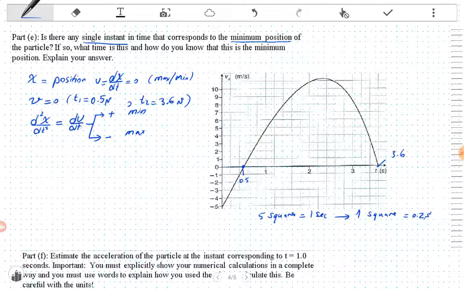How can you find the first derivative of the velocity? By drawing the slope here and there. The slope here is positive, the slope here is negative. So at t1 it is the x minimum. So we can say now at t1 equal 0.5 seconds, that's where you can find the minimum position.